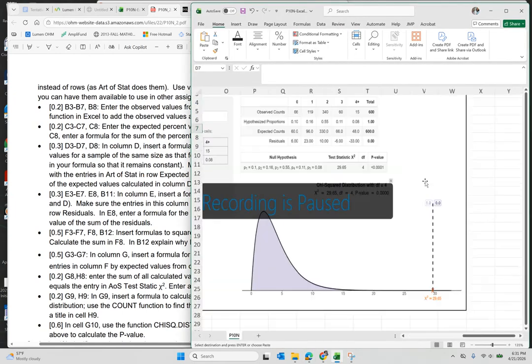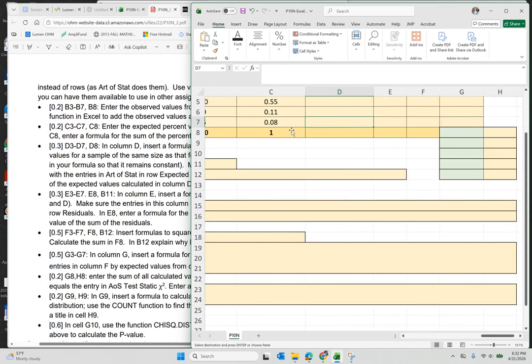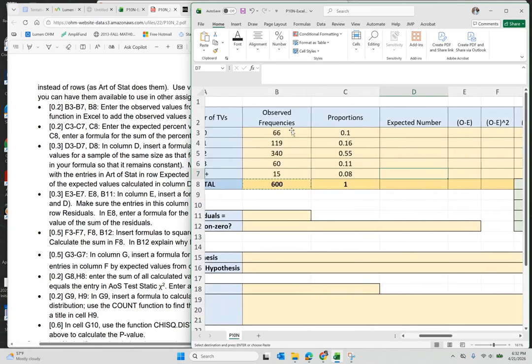So when I was here in ArtofStat in expected counts, I see that the values are 60, 96, 330, 66, and 48. And I want to make sure that after I do my math it agrees with this math, assuming that ArtofStat is correct. So the expected number will be equal to the proportion for this category of 0 TVs times the total.